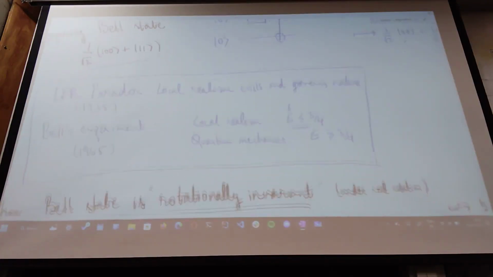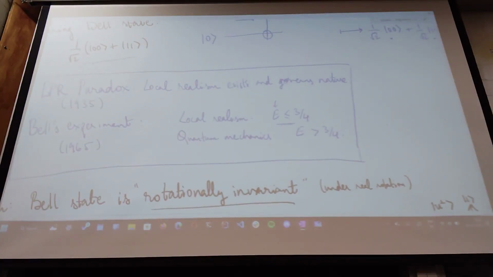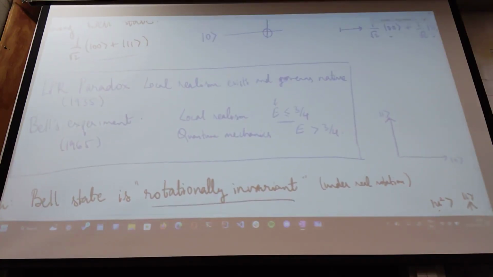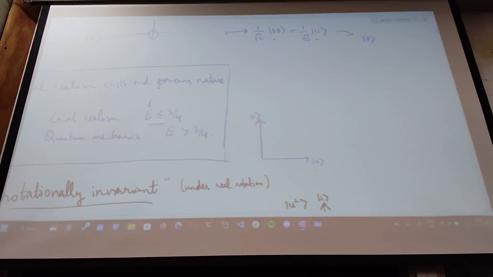And to see that, we look at another important property of the Bell state. And this relates to the cartoon diagram we were looking at earlier in the 0 and 1. So I claim that the Bell state is rotationally invariant, which is a very fancy way of saying that instead of considering 0 and 1, you consider some other perpendicular normalized vectors, u and u perp, which look something like this.